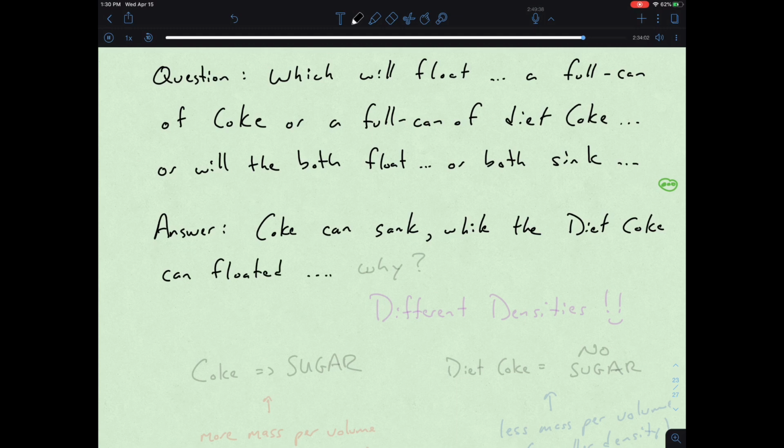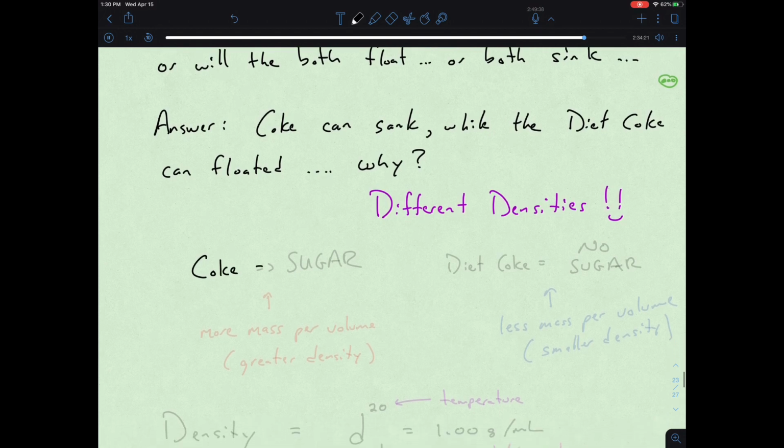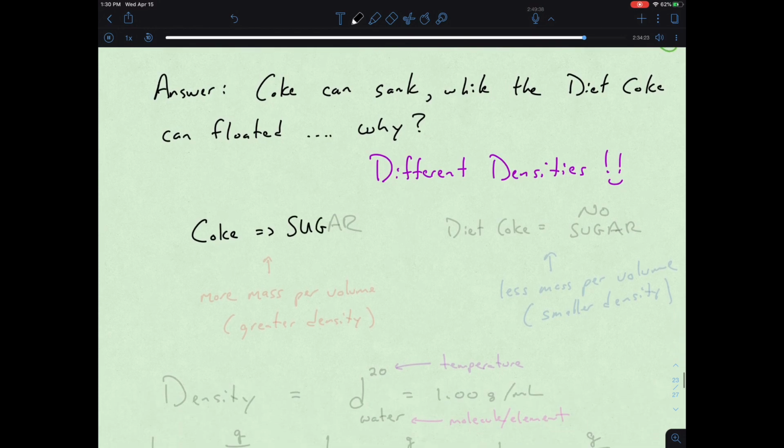And we might ask another question, why? And the answer is different densities. Right, what's the difference between the two? The Coke can has sugar, right? Lots of sugar. While the Diet Coke can does not.